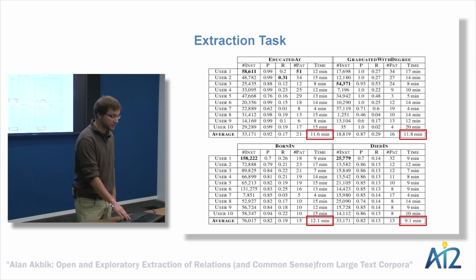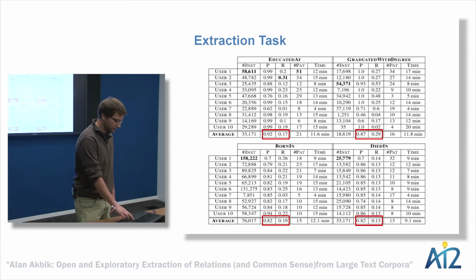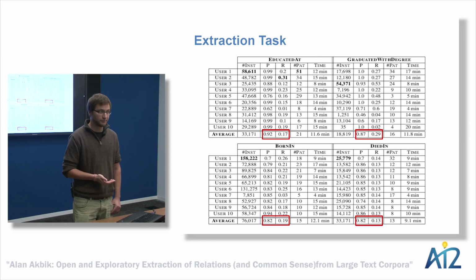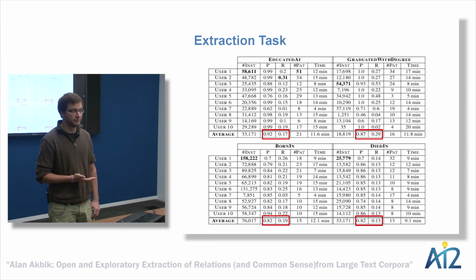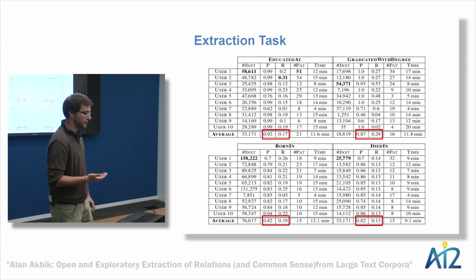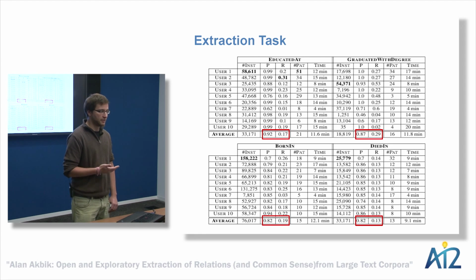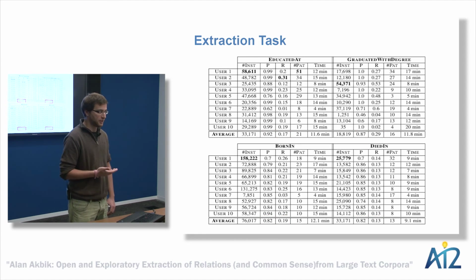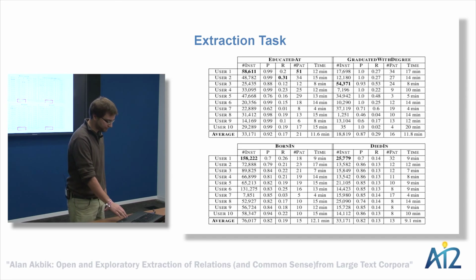We have tens of thousands of instances on average. We have a high precision and a low recall. And this is in line with other works in rule-based information extraction. Generally, if you have people write rules, the precision will tend to be very high because people are really handwriting these rules. At the same time, recall will tend to be low because they're not getting all the patterns.